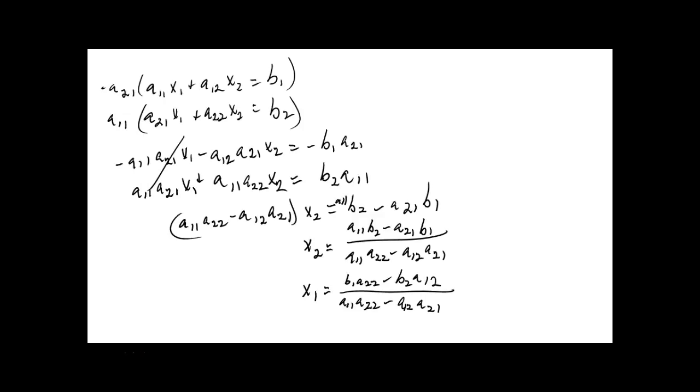Now, looking at these two results that we have there, and I really should have done X1 first and X2 to keep it in the same order as the book, but I just did what came first. What do you notice about those two solutions for X1 and X2?